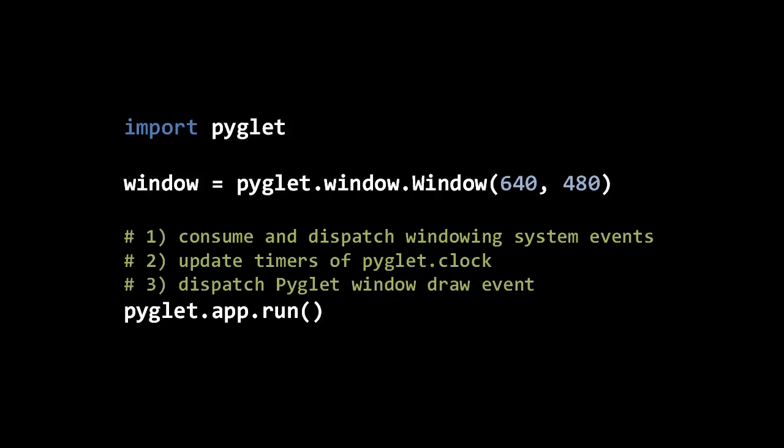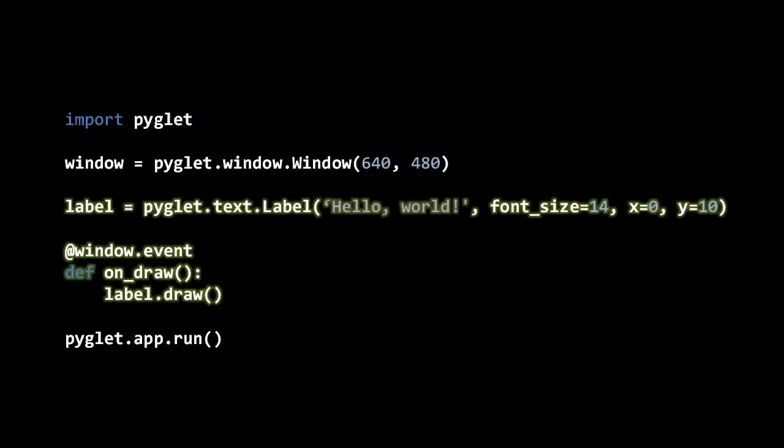To draw in a window, we make our drawing calls in a handler registered for the draw event on the window object. For example, here we use the pyglet.text module's Label class, which is a simple abstraction over OpenGL that represents a piece of text to display. We create a label object by simply specifying the text, a font size, and coordinates.